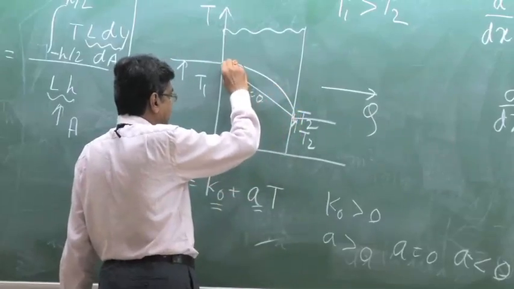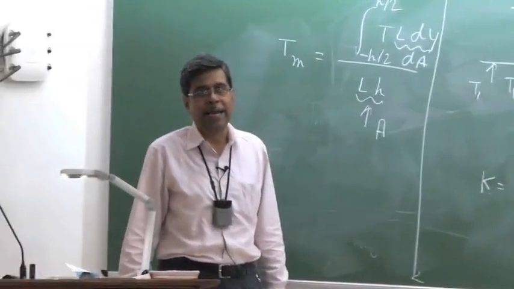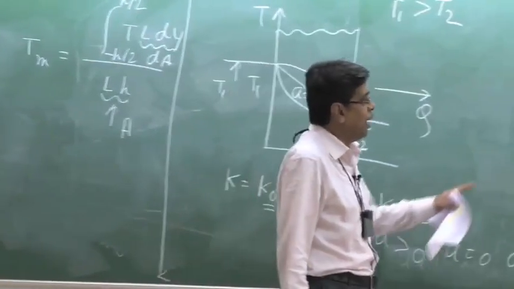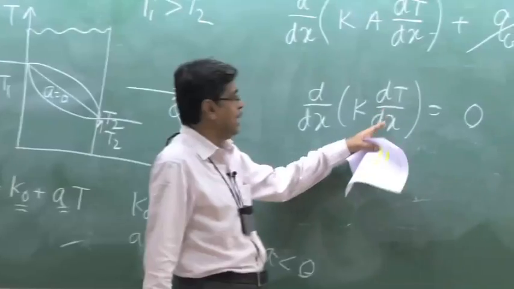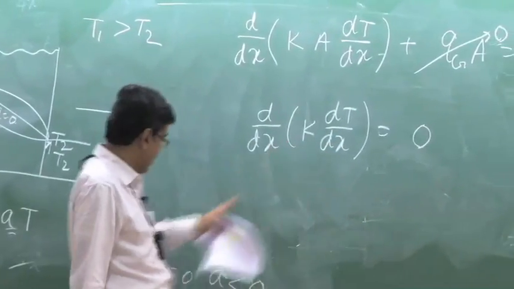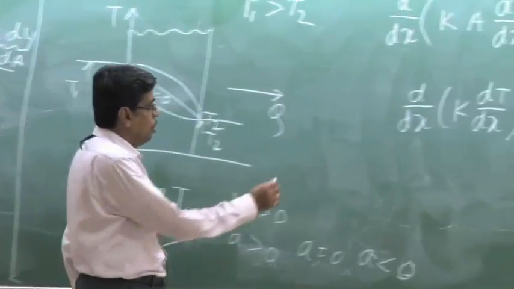One is this, another is this. Which one is for A greater than 0, and which for A less than 0? To do this, we have to find the variation of dT/dx by putting the value of K as a function of temperature. So we will do that.